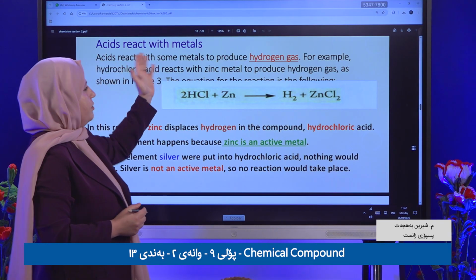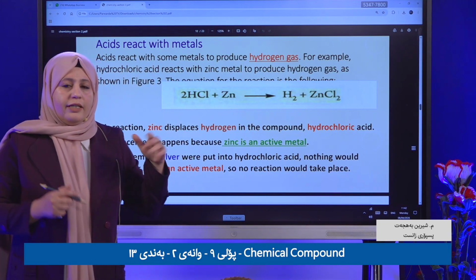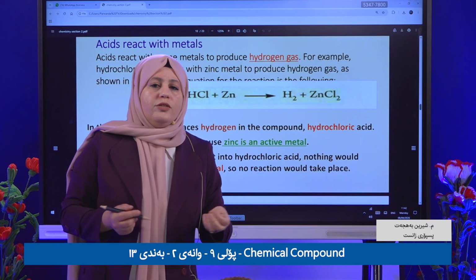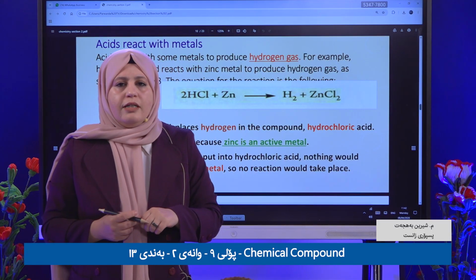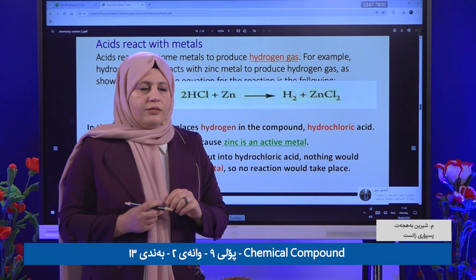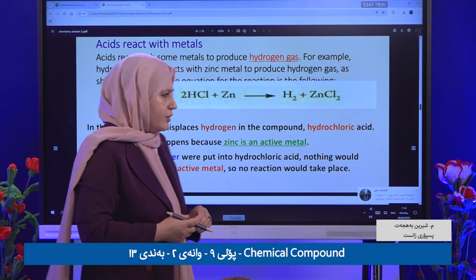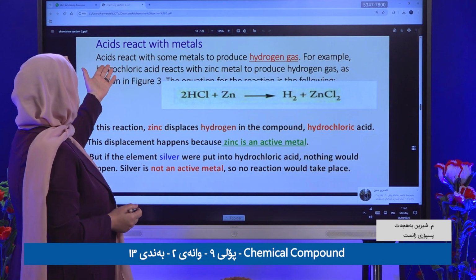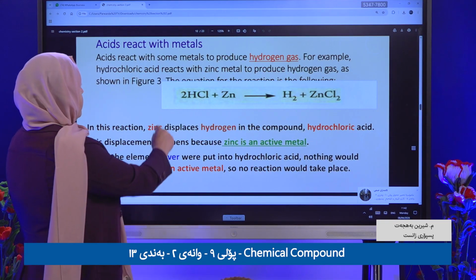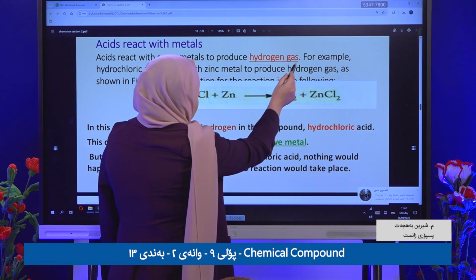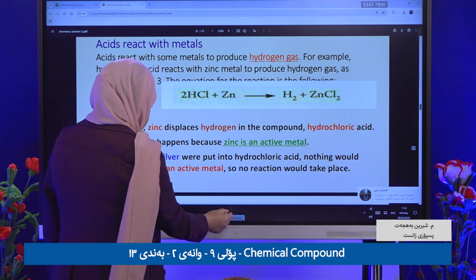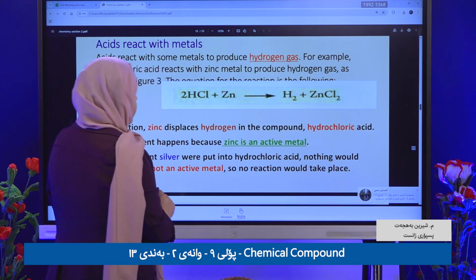Acid reacts with metal. Does acid react with metal? Of course, most acids react with metal, okay? Acid with some metals produces what? Hydrogen gas. It's very important, be careful.